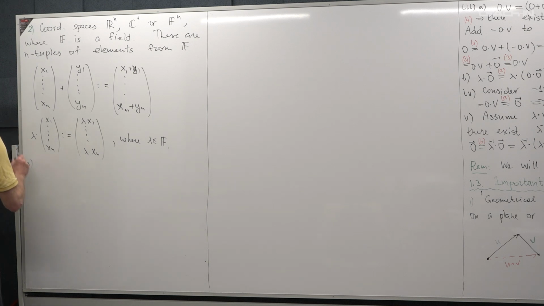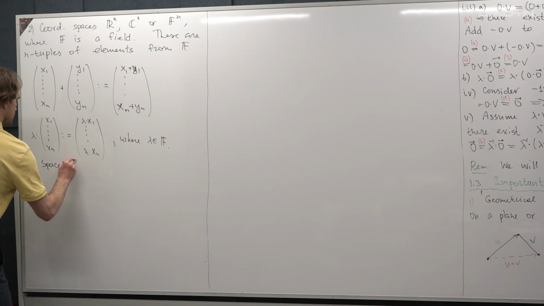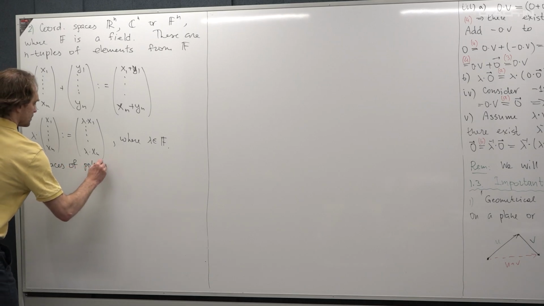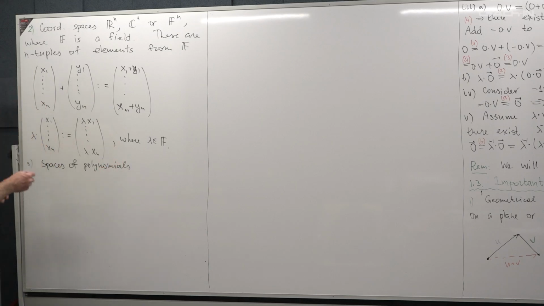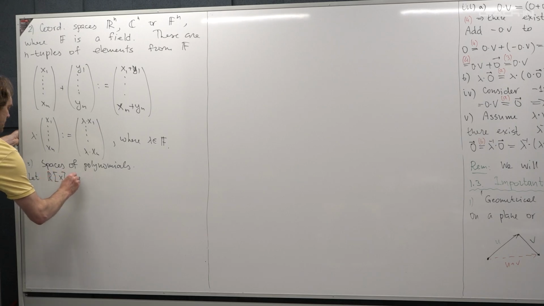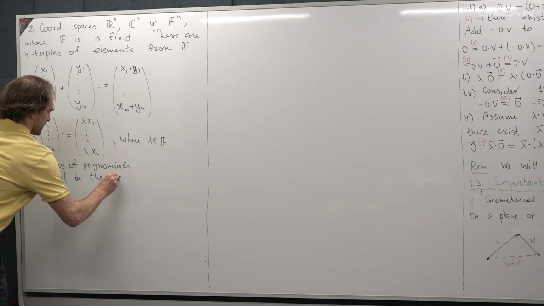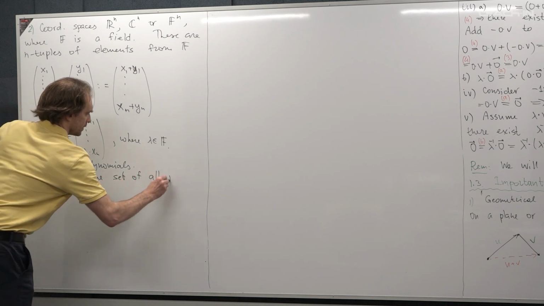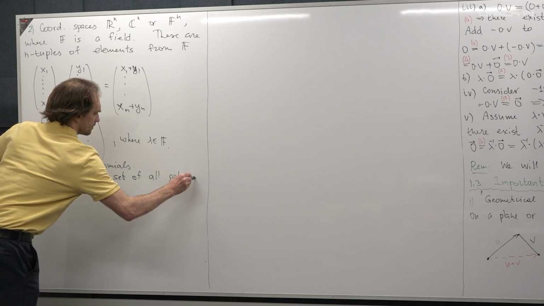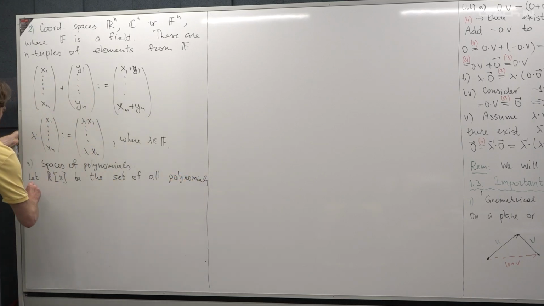Then the third class of examples would be spaces of polynomials. So I will introduce the following notation. So let R of x be the space, or maybe the set, of all polynomials with real coefficients.